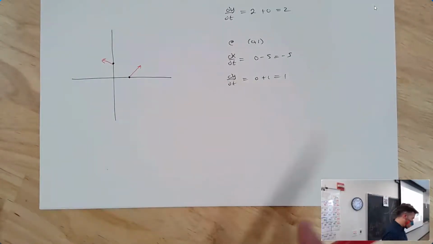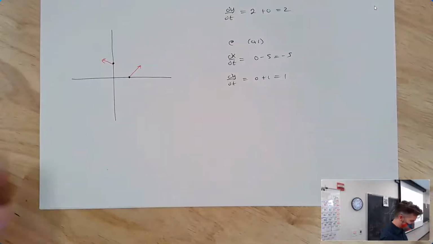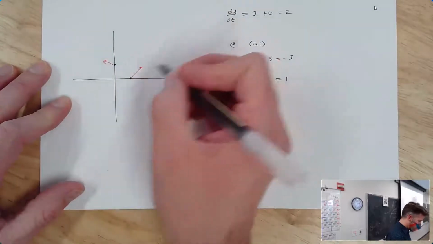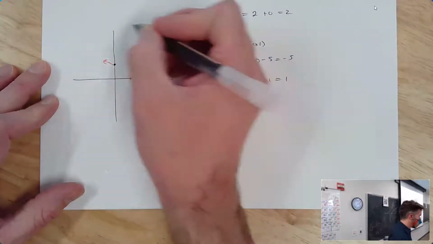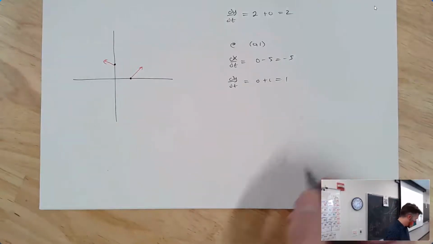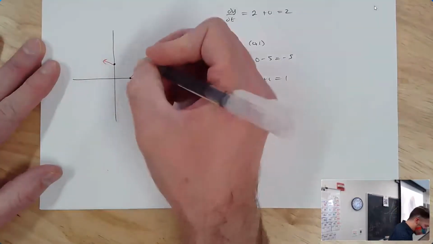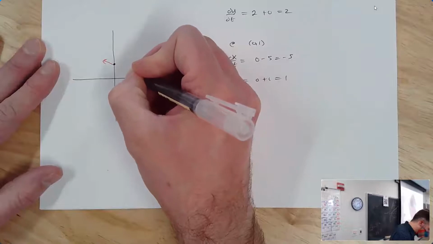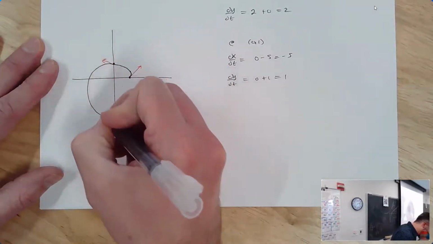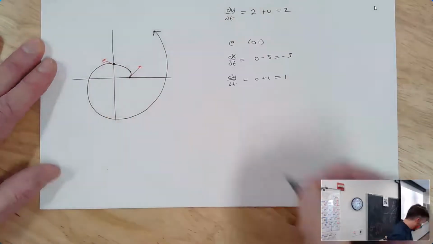You might pick one more point. Usually, after 2 points, unless they're specifically going straight to the right or straight up, you can usually tell which way that spiral is going. Am I spiraling clockwise or counterclockwise? It definitely looks like it's counterclockwise. The idea here is that from here, you're starting off in this direction, and then you're going to go that way, and you're going to go in that direction, and then you're going to keep going around like that.